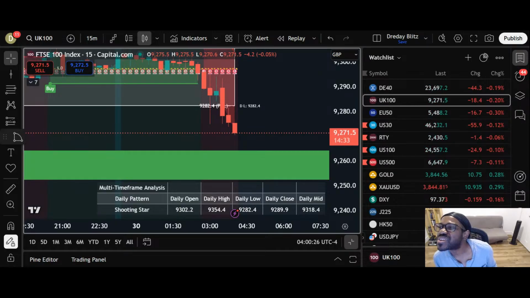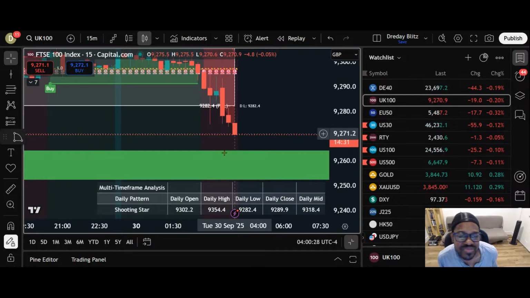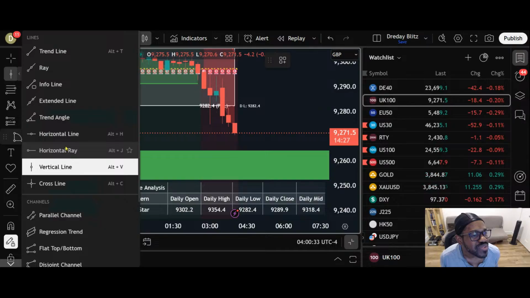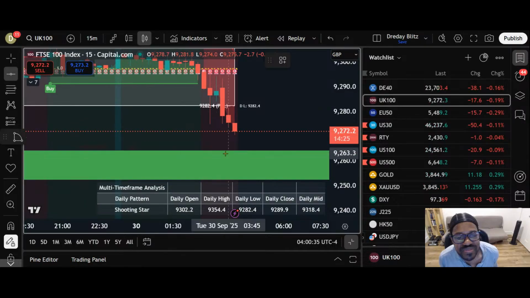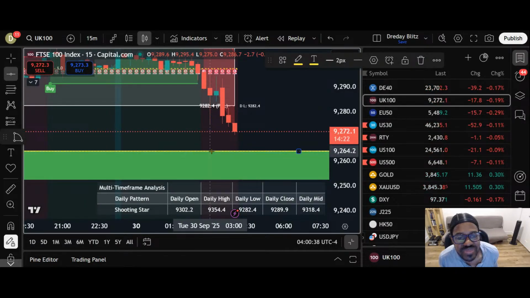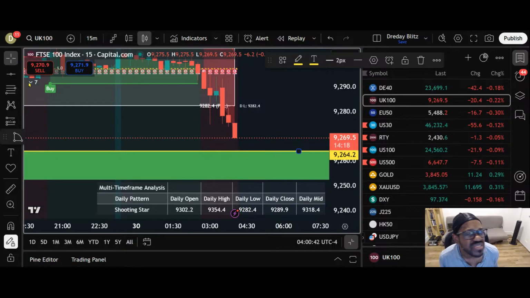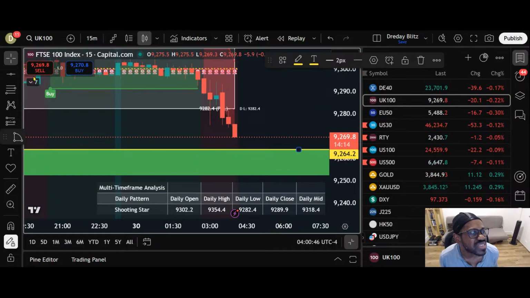So if we go, we're going to put a horizontal line. There you go. Now it's breaking down here. All right.